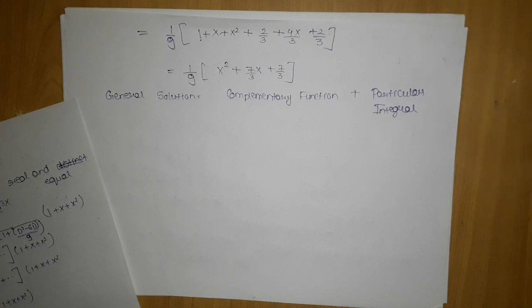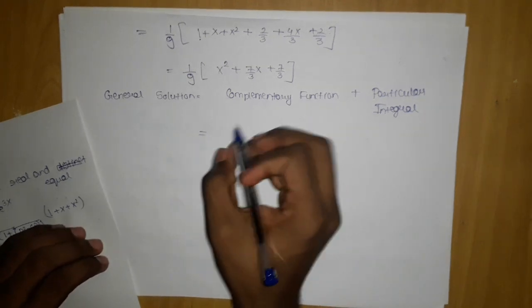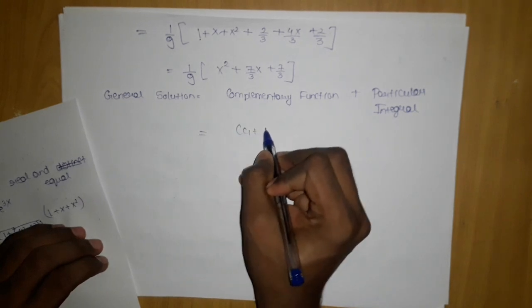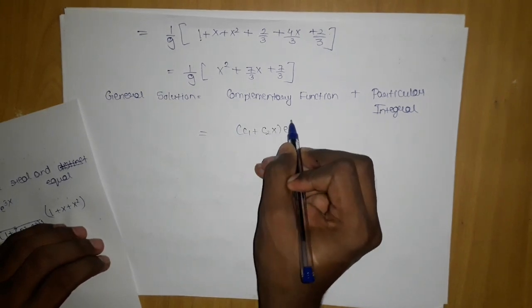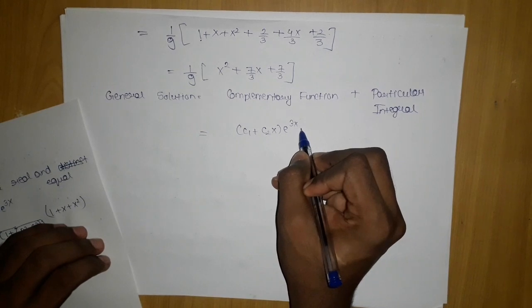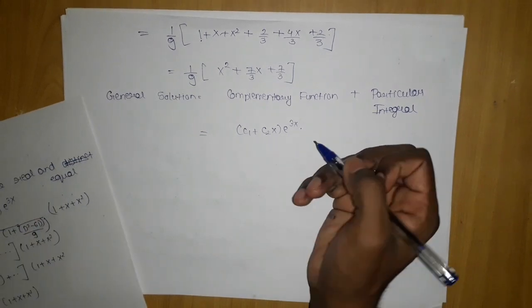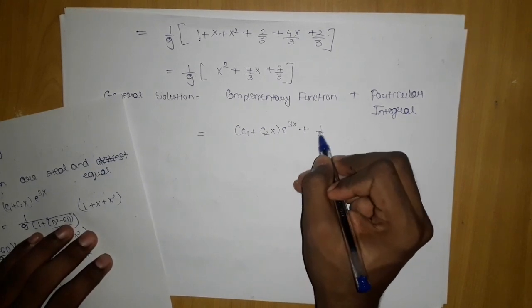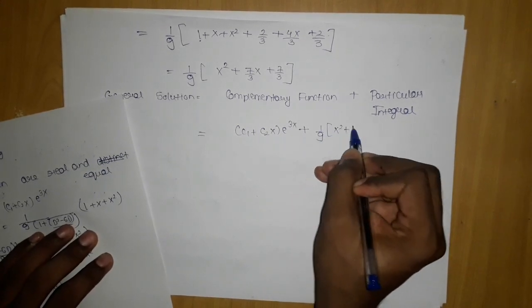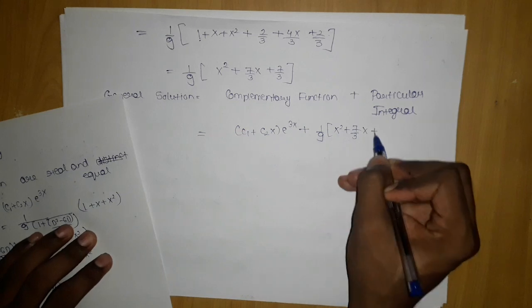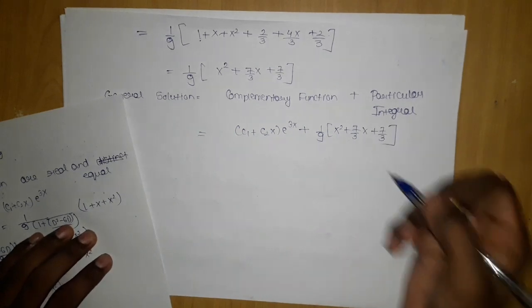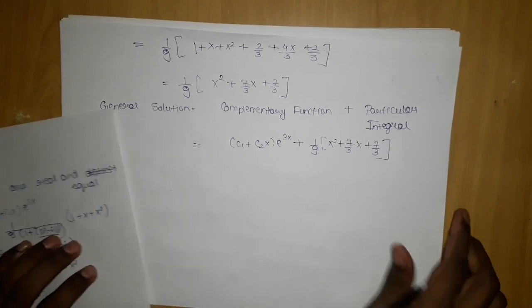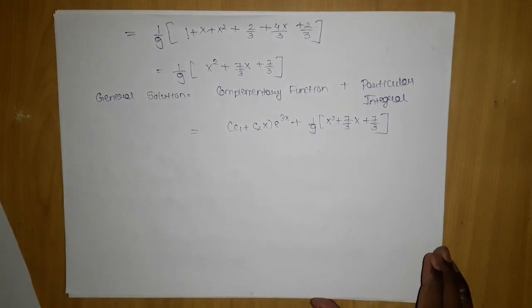What we are going to do, we are going to write this: c1 plus c2x e to the power 3x plus particular integral 1 by 9 into x square plus 7 by 3 x plus 7 by 3. So this is our required answer. Hope you have understood each and every step.